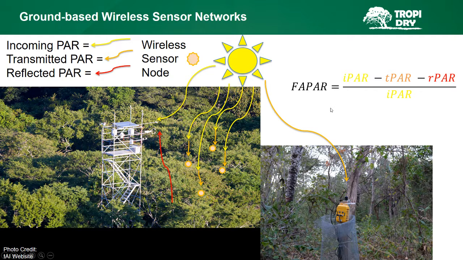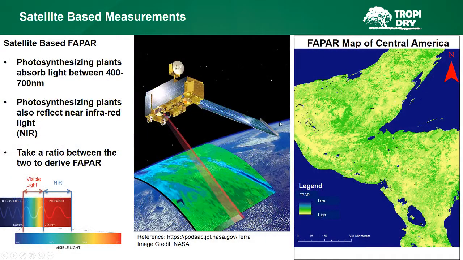And this is really useful because if you have the ground measurements, they're kind of like a ground truthing site for the satellite images. Because the difference between that and the satellite is the satellite measures the amount of visible light that came back to it and the amount of near infrared radiation that came back to the sensor after it's being shot at the vegetation, and then determines what FAPAR is through a formula or through an algorithm.